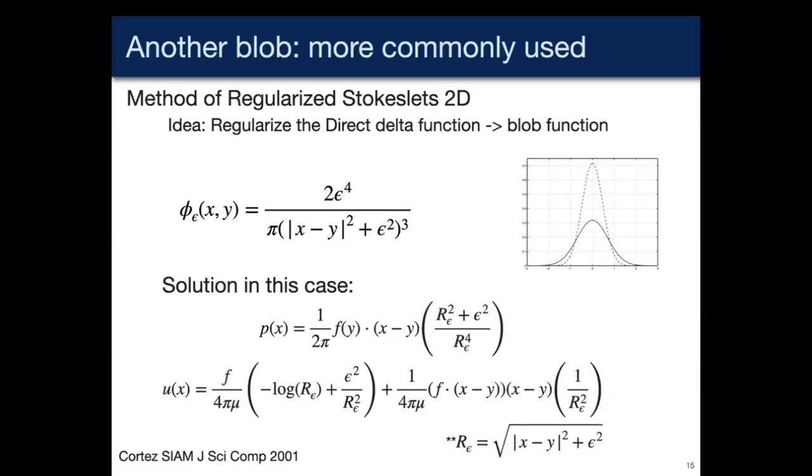So there are other blobs that one can use as well. In the code today, you'll have the option to switch between the two. And I don't actually know which one it's set to right now.